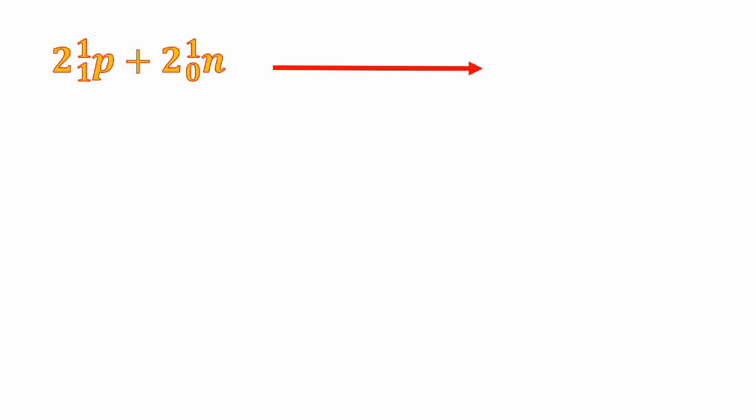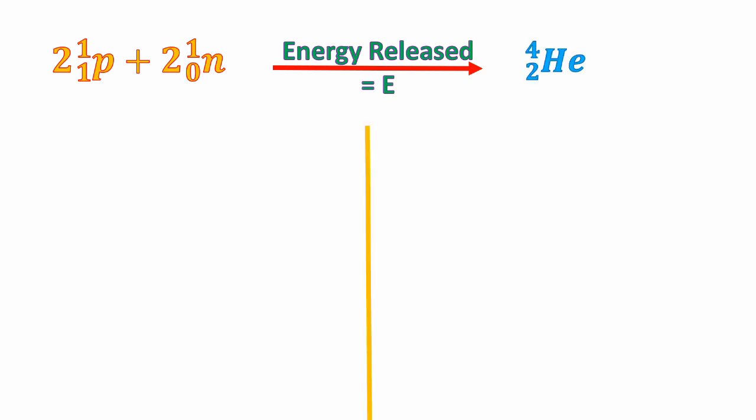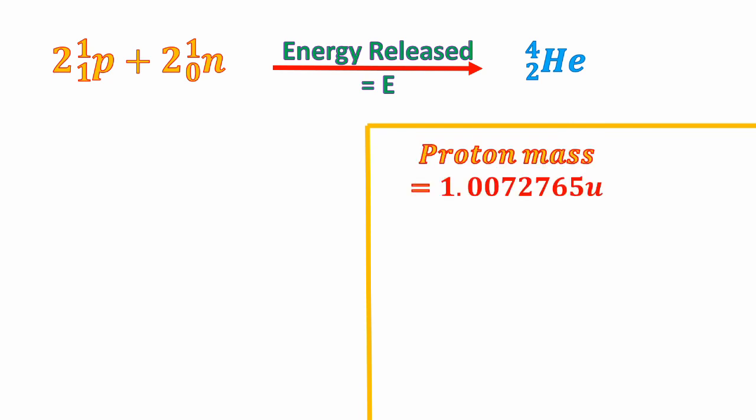Alright, I think that's enough about uranium. Now we'll move on to an example of finding the nuclear binding energy of an atom using its mass. Consider a helium atom. Now this is composed of 2 protons and 2 neutrons.